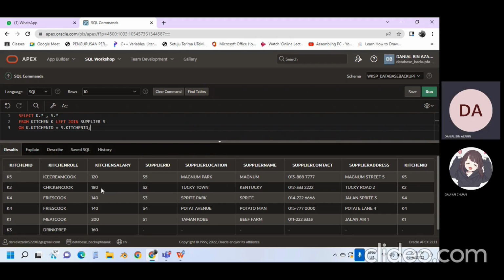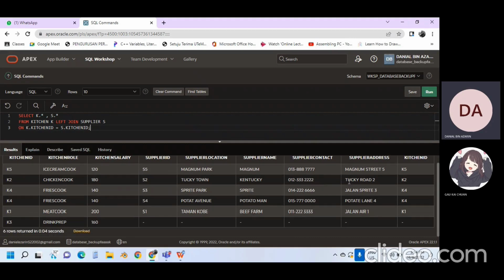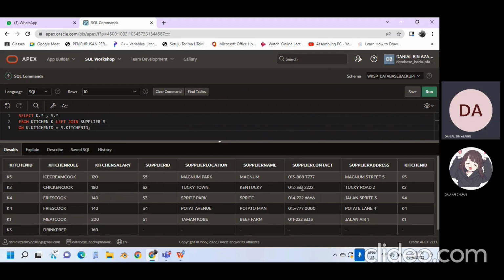K2 kitchen coke 180, S2 Taki Town, Kentucky 012 333 42, Taki Road 2, K2. Then K4 fries cook 140, S3 Sprite Park, Sprite 01422 6666, Jalan Sprite, K4.